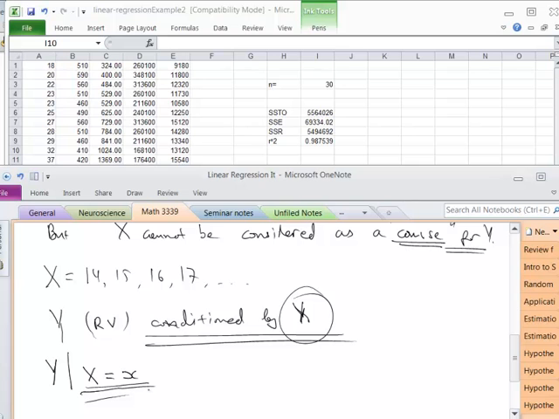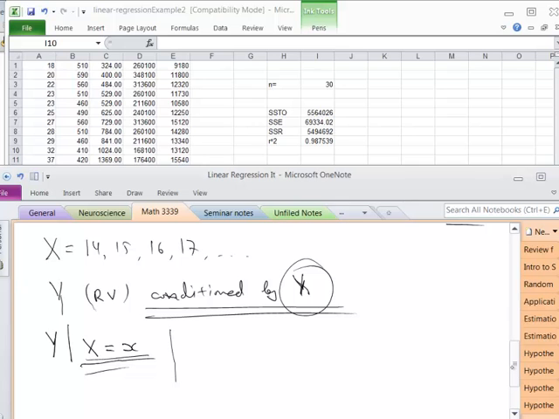The name for this is that y is conditioned by x. This is exactly what we say when we select the values of x and see the value of the response variable y.